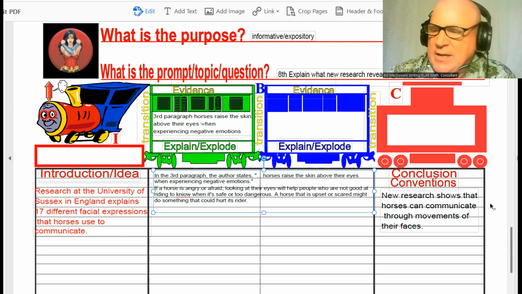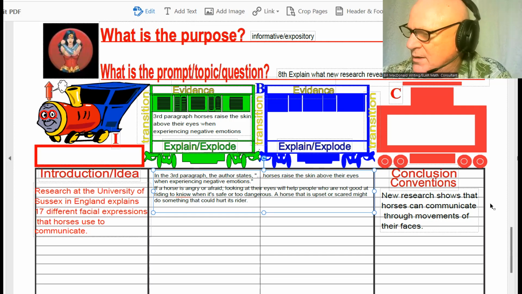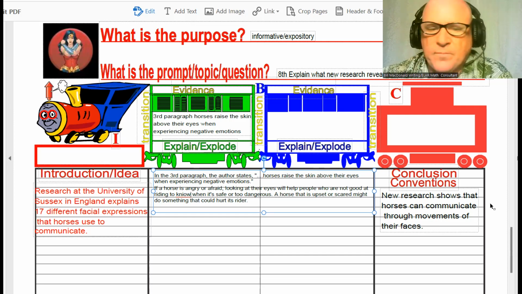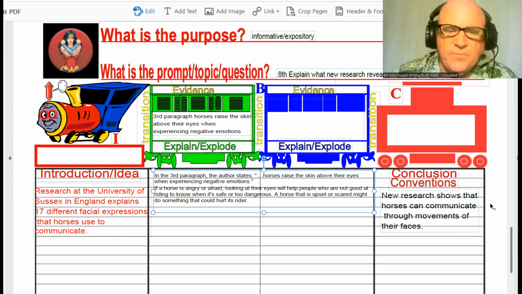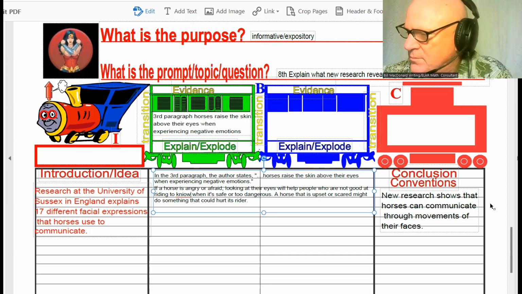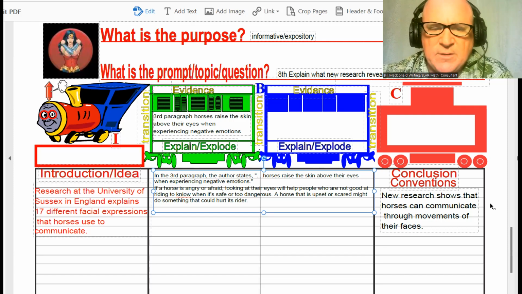They raise their skin. That's what they do. Above their eyes. That's where they do it. Trying not to cover my W so I know which one's which. When experiencing, that's a what. Or we can say, I'll put it as a when they're experiencing.